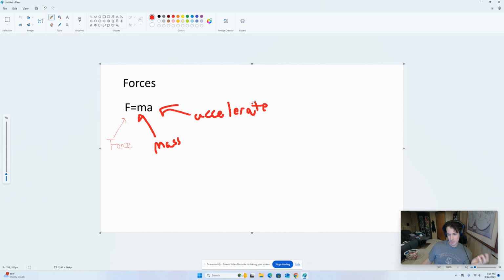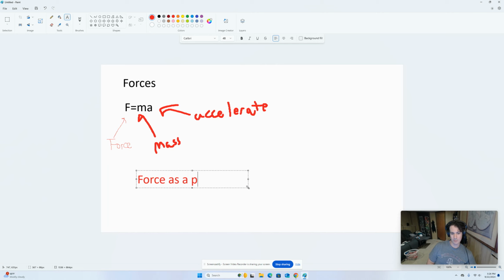Okay, forces usually can be thought of as pushes or pulls. So when you think about a force, we can often think of a force as a push or pull. Okay, and this is a good way to picture it, because if I just say something accelerating, sometimes it's easy.